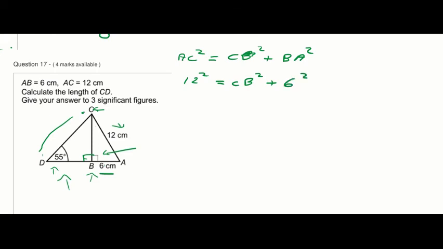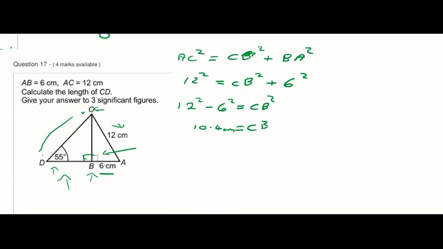Now I'm going to rearrange that equation. So 12 squared minus 6 squared is equal to CB squared. So if I put all that into my calculator, I can see that CB actually turns out to be 10.4 centimetres.